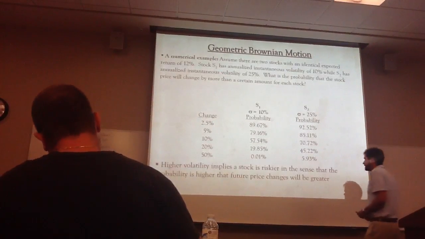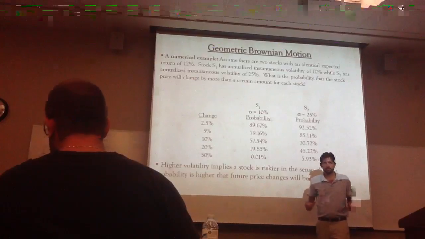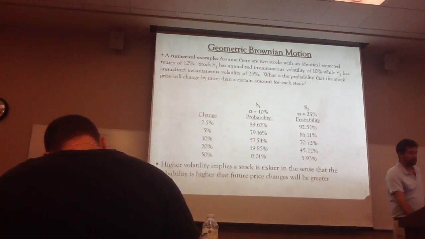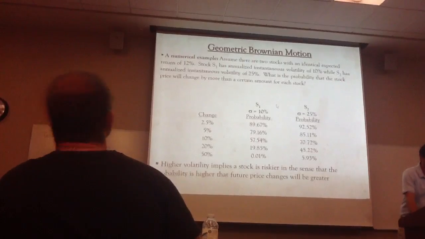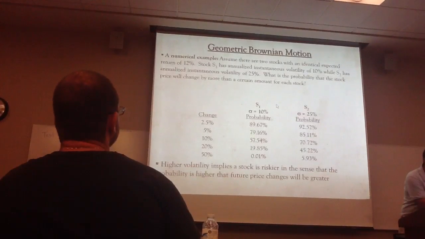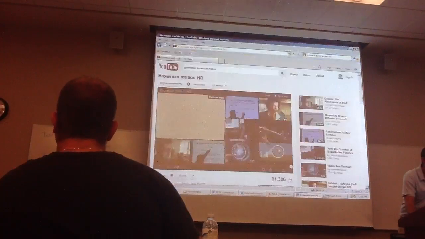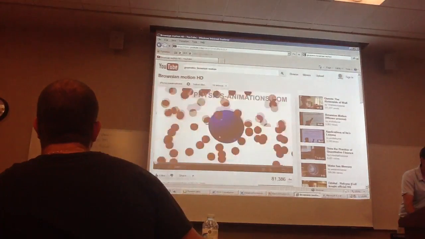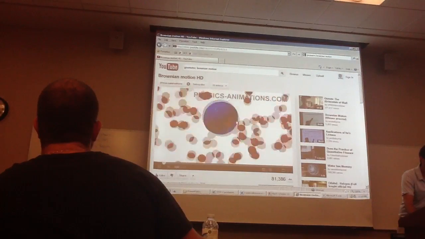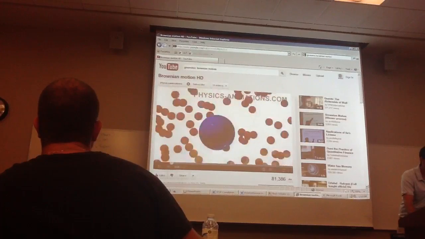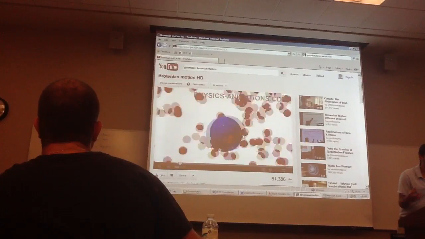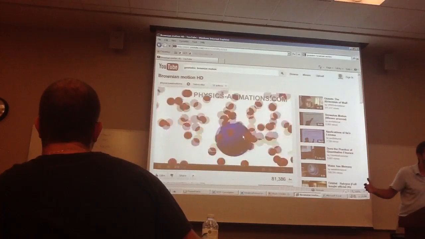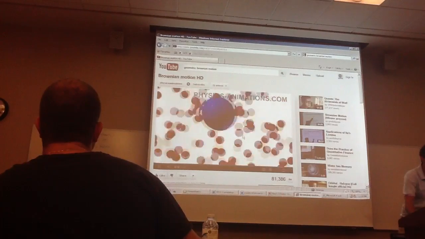Depending on how fast these balls are banging around, that's the volatility. So if we look back at our example, if we were able to somehow speed this up, if we speed up these balls, the more speed, the more volatility that you introduce into this, the more likely it is to have larger movements.